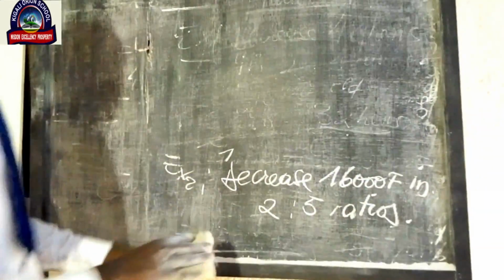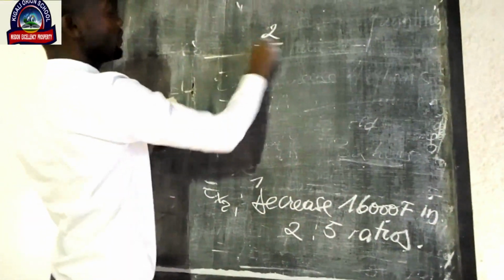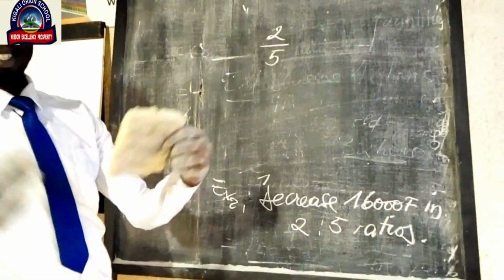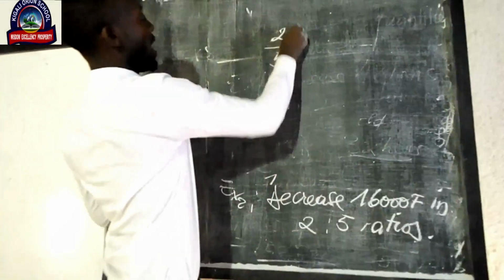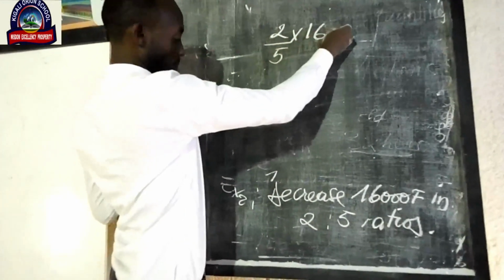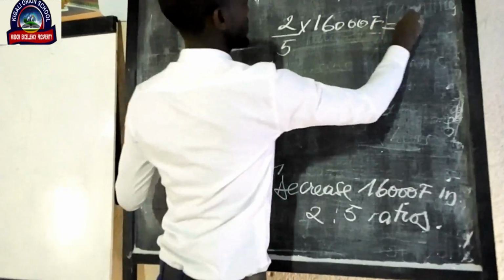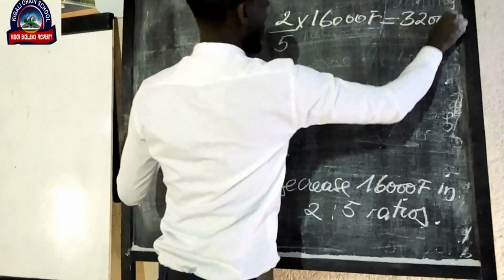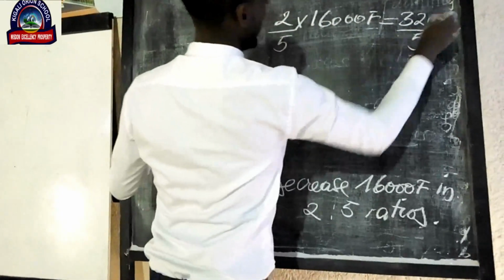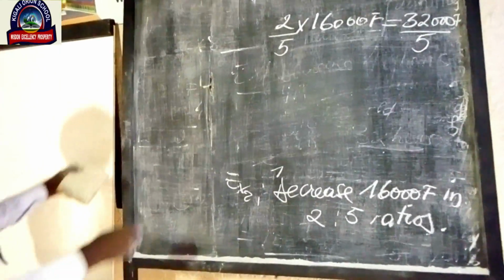We are going to write the fractional form of this, which is 2 over 5. Then I multiply by 16,000 francs, there I get 32,000 francs over 5. We are going to do the process of division.